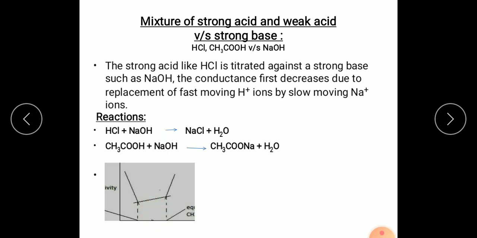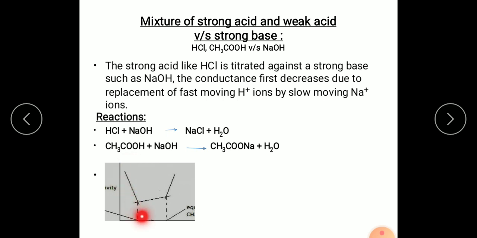After the neutralization point of HCl and acetic acid, the conductivity, as you know, rapidly rises with the NaOH addition. So this is the plot of conductance against the volume of base added.